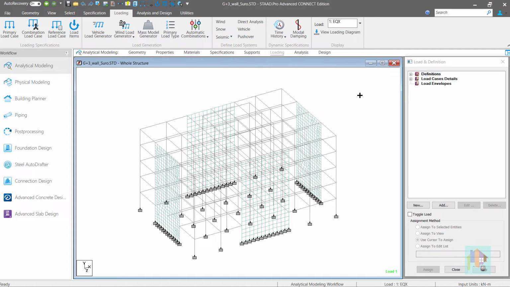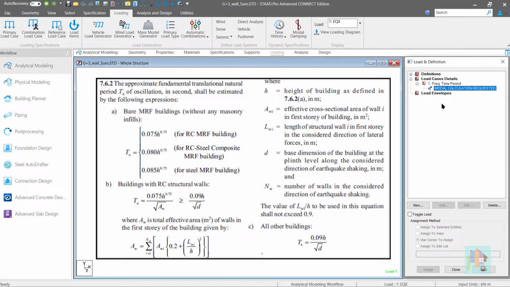For this example, I have used the modal extraction method. It is a bit complex, and for static seismic analysis, eigensolution is not used for time period calculation. Rather, the code suggests a few empirical equations under clause 7.6.2 based on different structural conditions, and we need to follow these to compute the fundamental natural period of the structure.